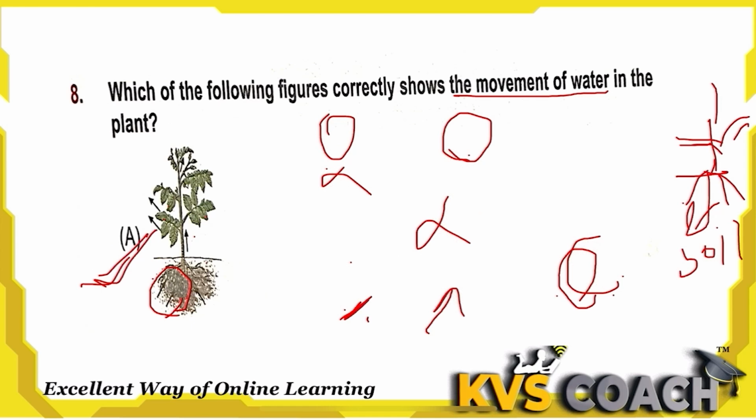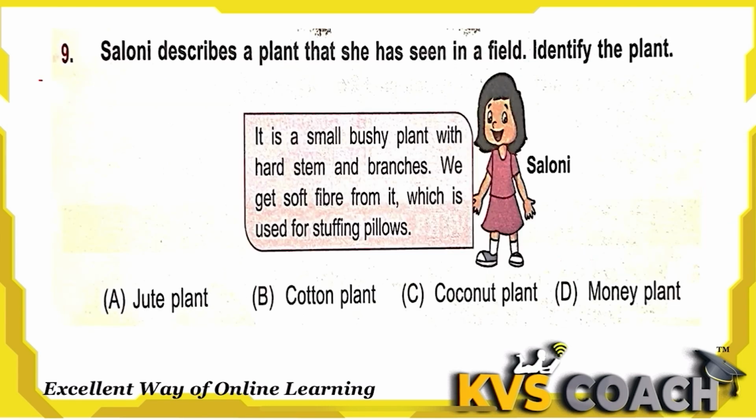Option A is the right answer. Question 9: Saloni describes a plant that she has seen in a field. Identify the plant. It is a small bushy plant with a hard stem and branches. We get soft fiber from it, which is used for stuffing pillows. Small and bushy plant means they are talking about a shrub.